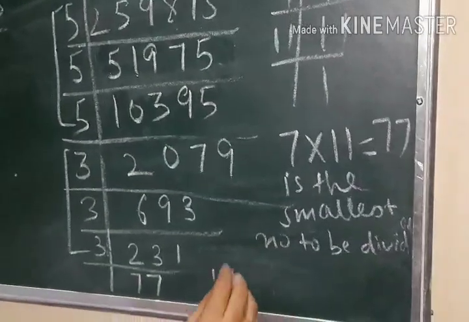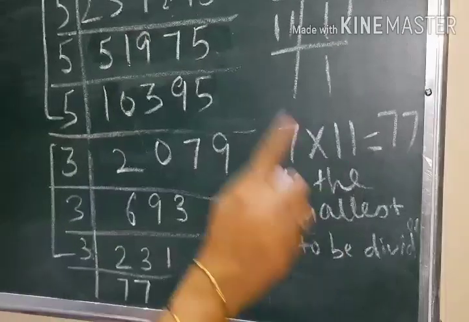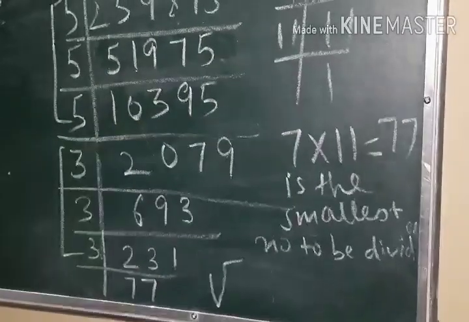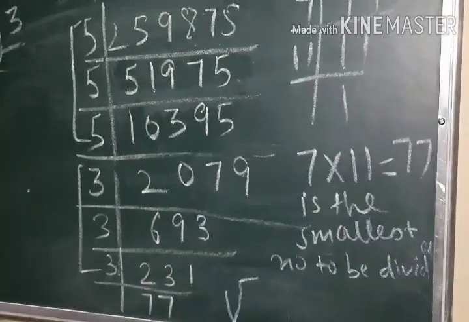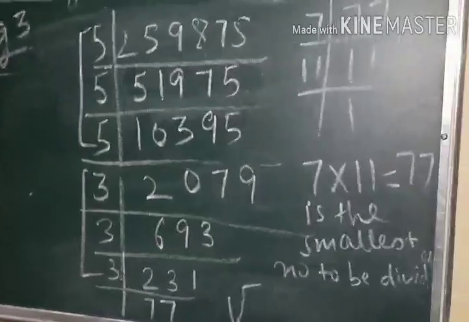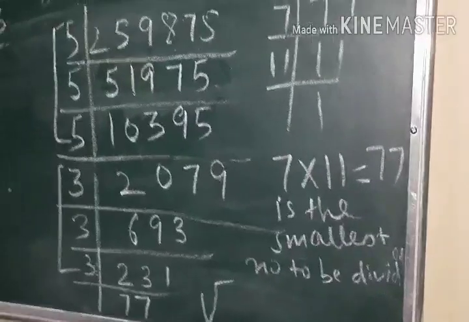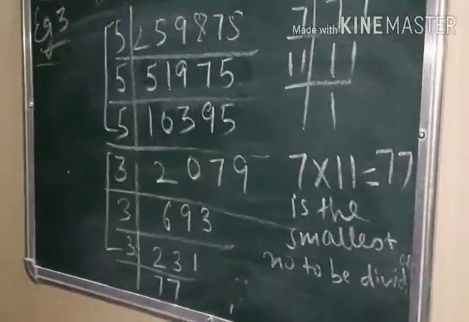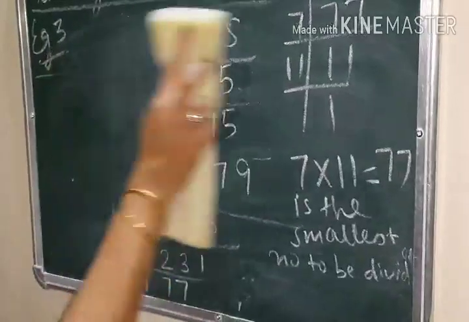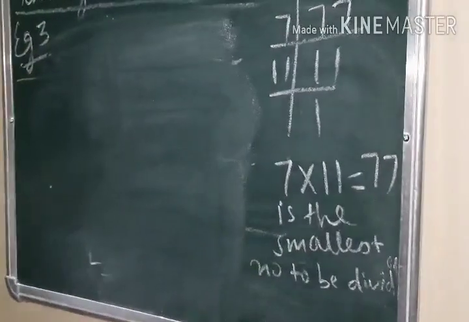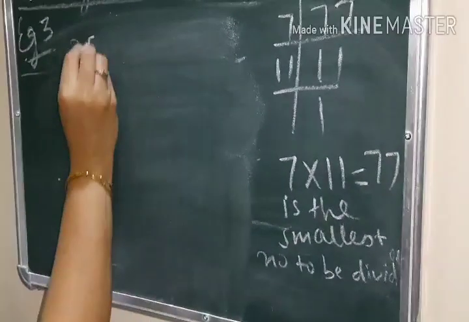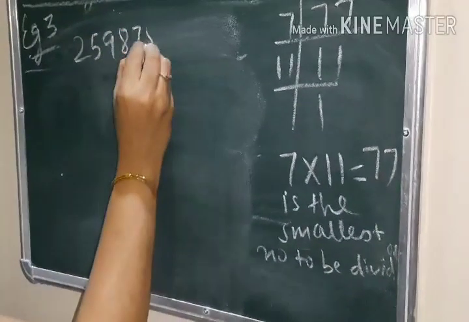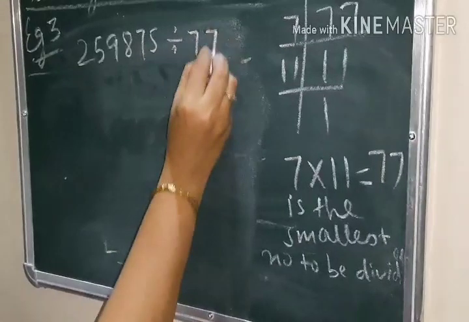If you have to find its cube root, now for cube root you have to first divide these two numbers, right? 259875 and this number will be divided. After division you have to see what is the number. So first we will divide that and then we will see. 259875 divided by 77.